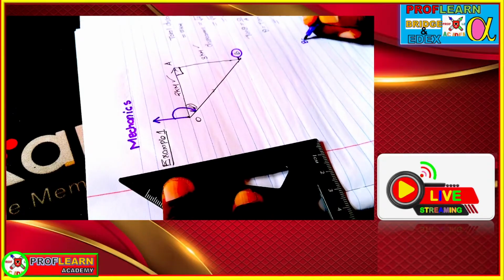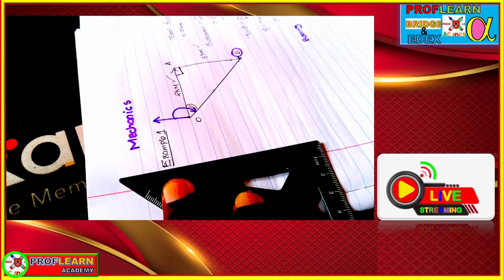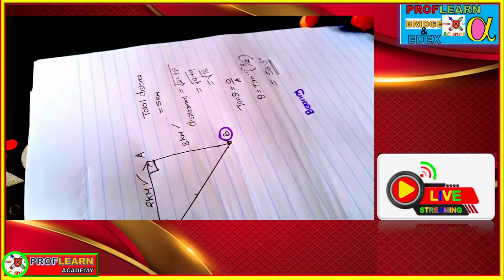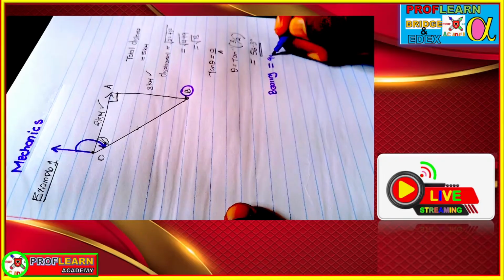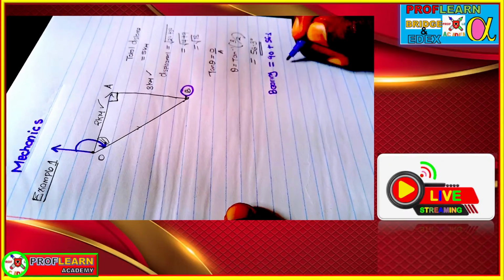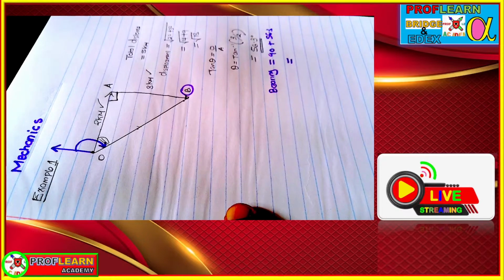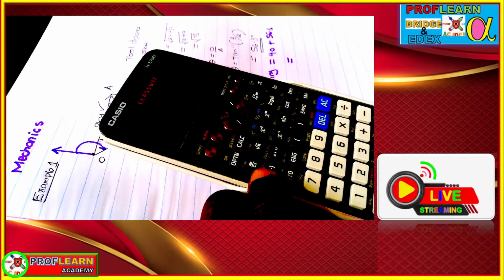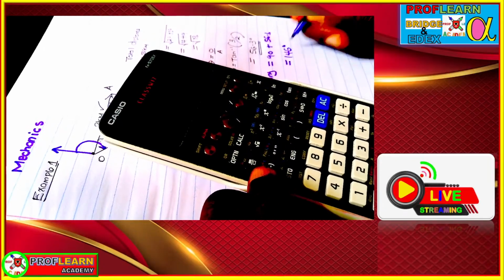So the bearing is going to be equal to 90 plus 56.3, which is going to translate to 146 degrees.